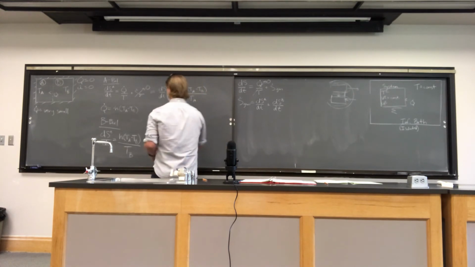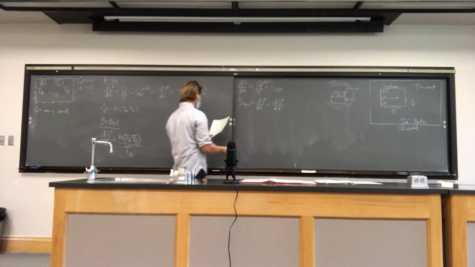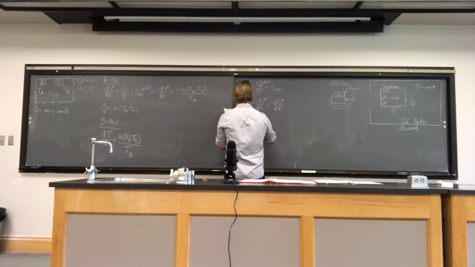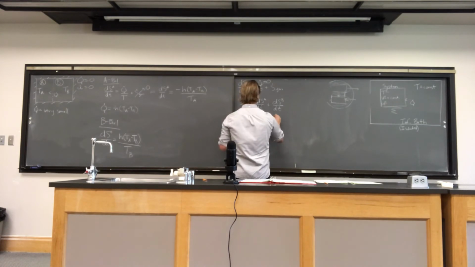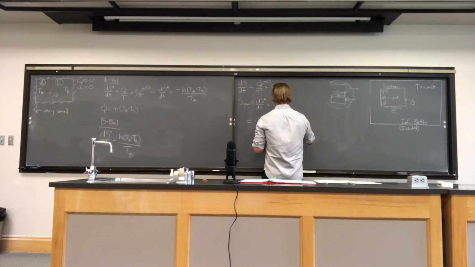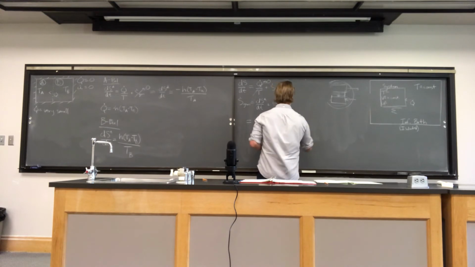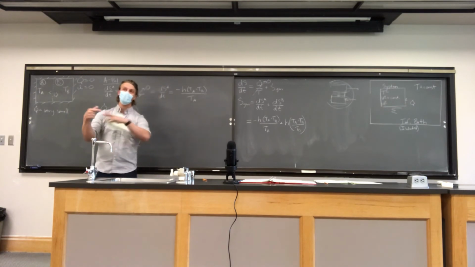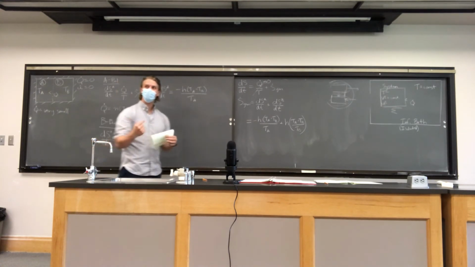So if we do our substitutions here for the two different relationships, we will get, what we're going to do is do a cross multiply to get this to be combined.